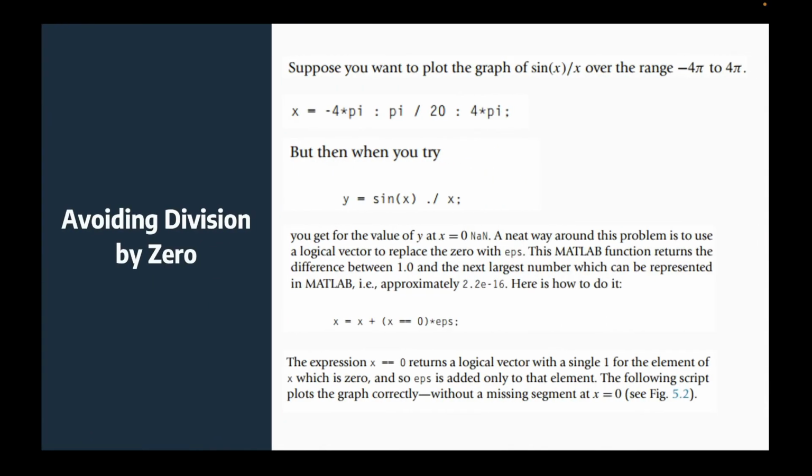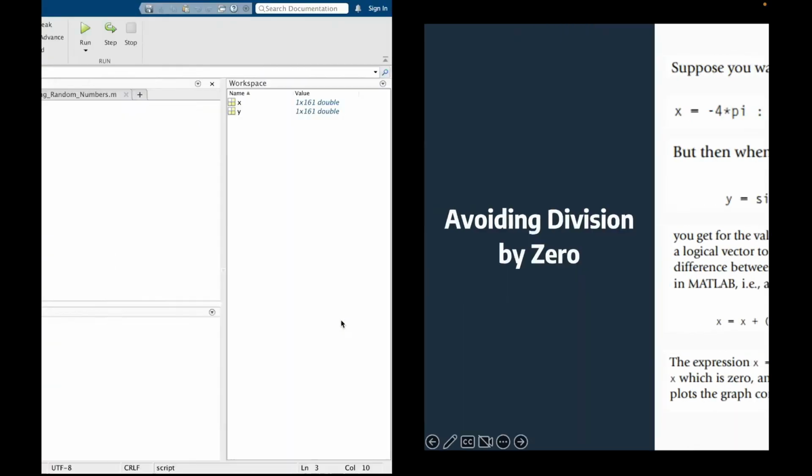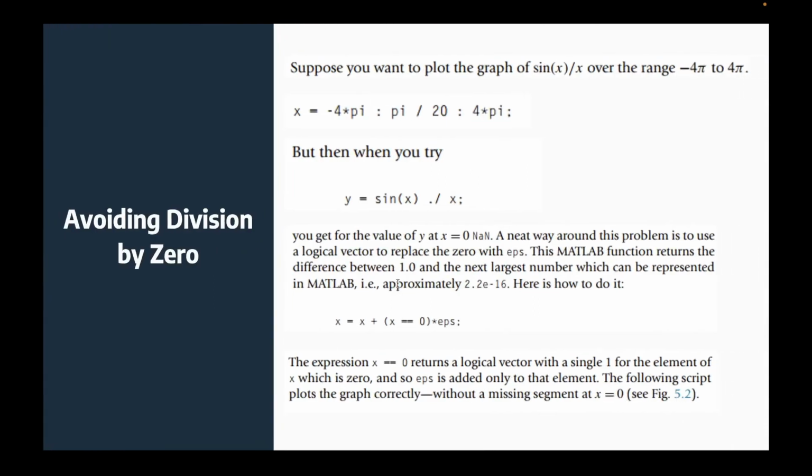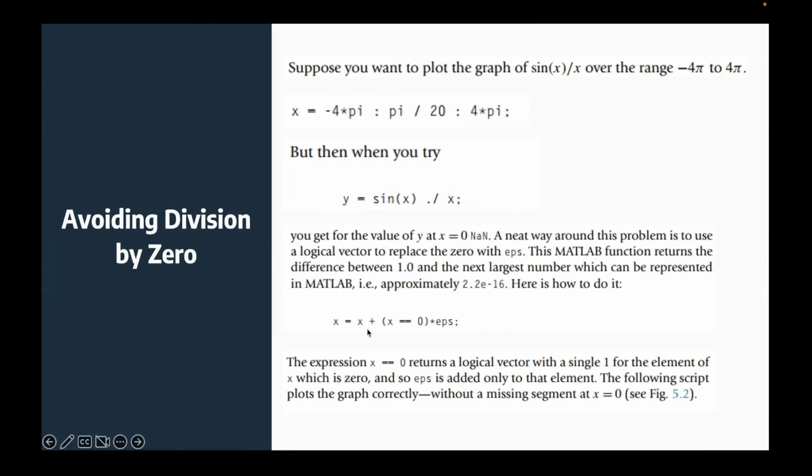So what we're supposed to do, based on the author, is add a line before the plot: x equals x plus, between parentheses, x equals 0, multiplied by EPS. It means whenever you see the value of x as 0, give me a number close enough to 0 but not exactly 0. So your graph still looks the same, but your numbers are not exactly 0.